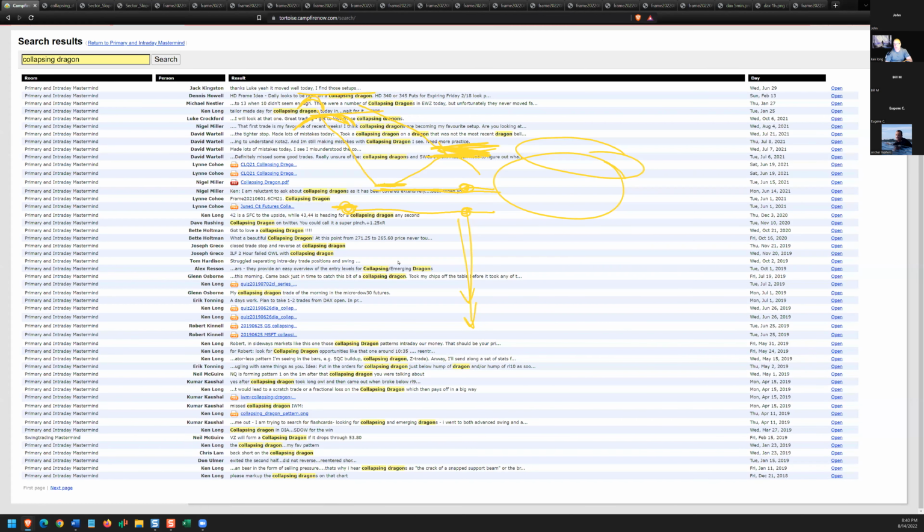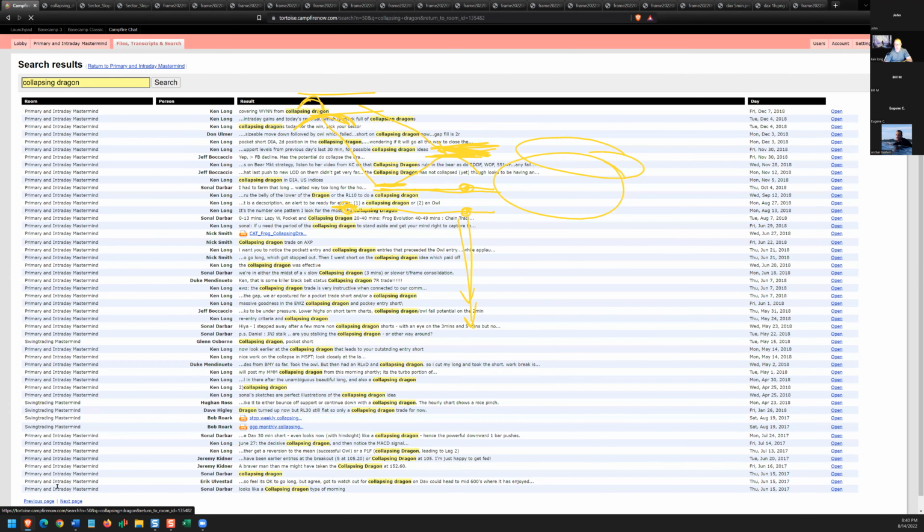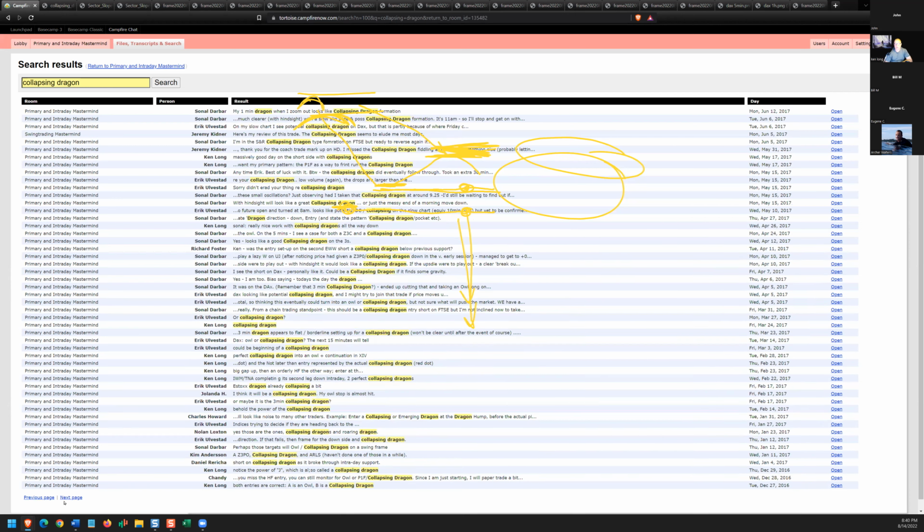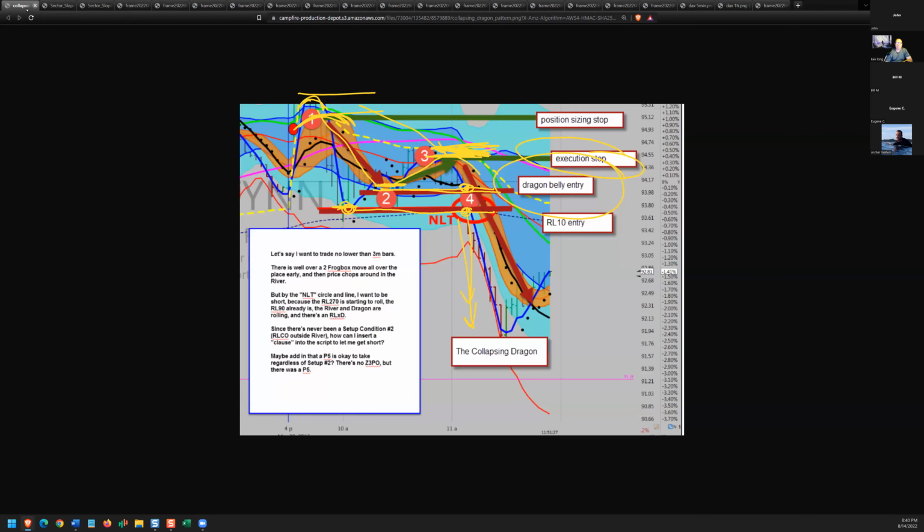If you go to all of these discussions, every one of these is a discussion about the collapsing dragon. The little symbols that have like a PNG or something, these are all case studies where people have posted examples of their collapsing dragons. So you'll find that to be helpful.